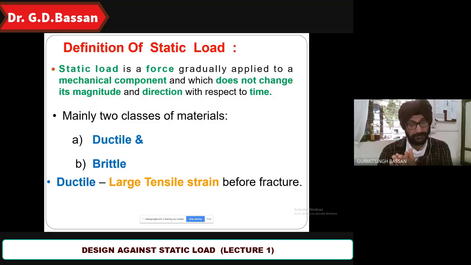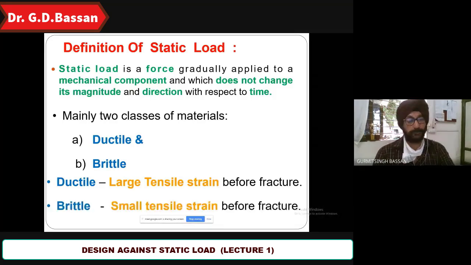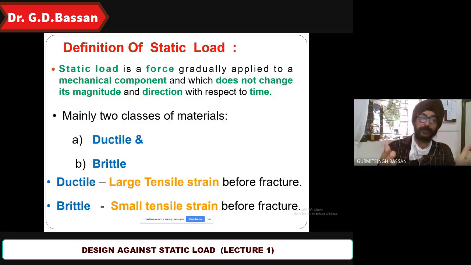It will be elongated much before going to fracture. In a brittle material, very small tensile strain takes place before fracture. That means if you apply tensile strain, after some time the brittle material suddenly fails. Okay, it will break. These are the two kinds of materials which are very much used for designing various kinds of machines or machine elements.